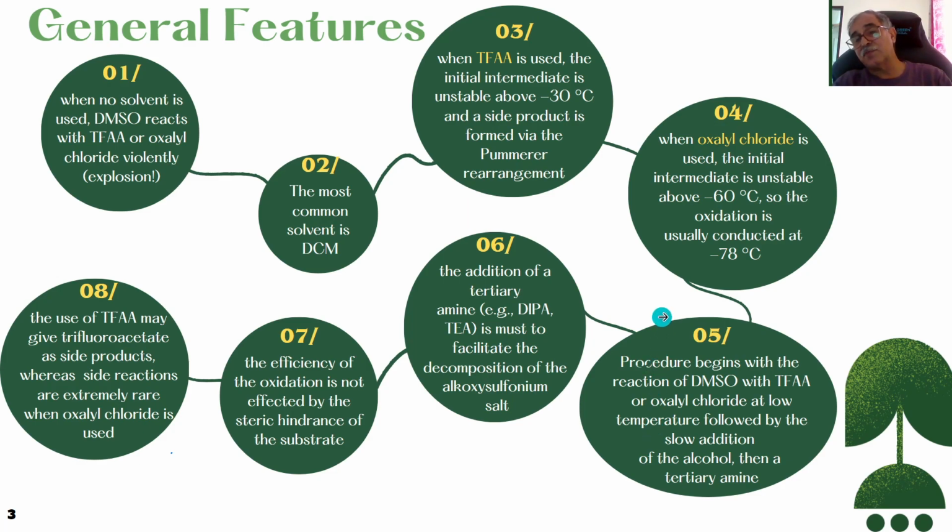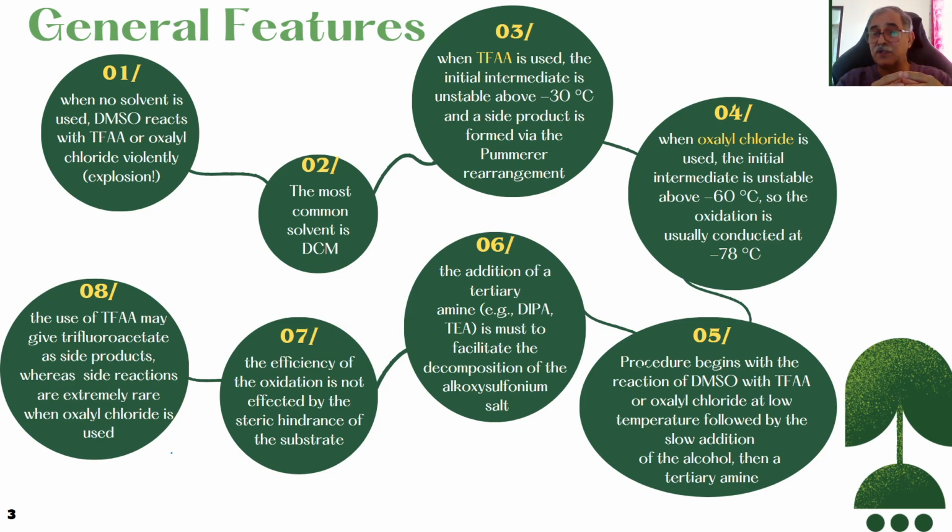As far as the procedure of this reaction is concerned, as I've told you, first we add DMSO with TFAA or oxalyl chloride at low temperature. In case of TFAA, usually at minus 50 degrees centigrade, whereas with oxalyl chloride at minus 78 degrees centigrade.